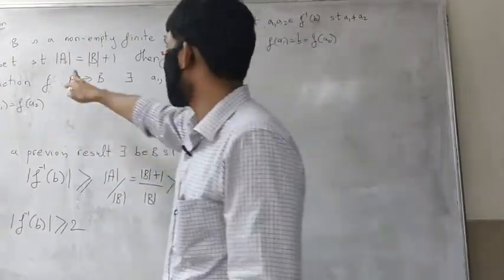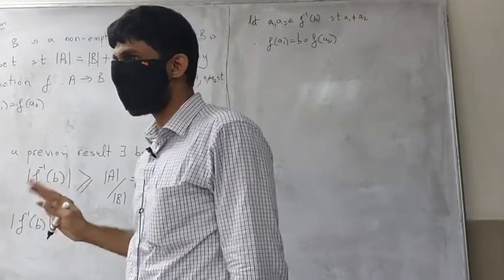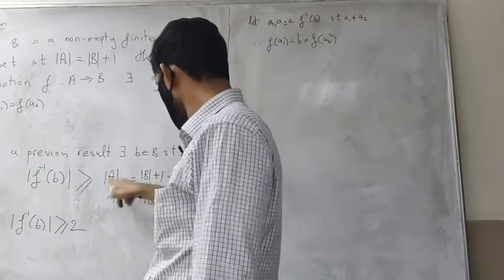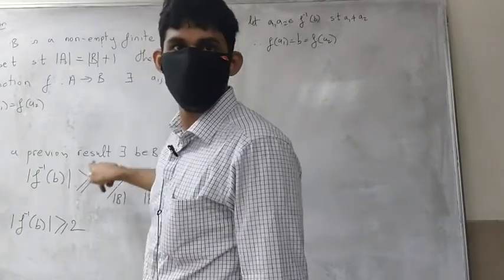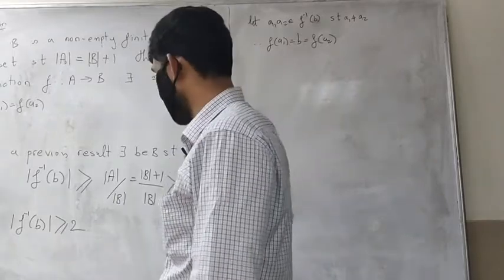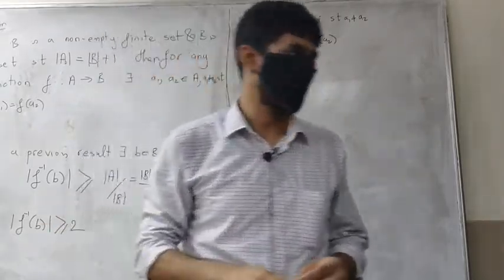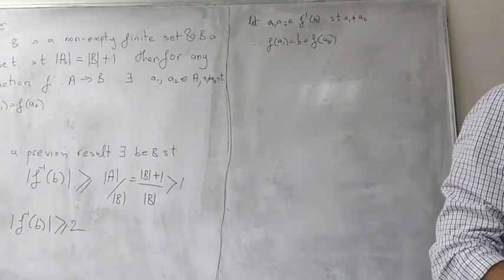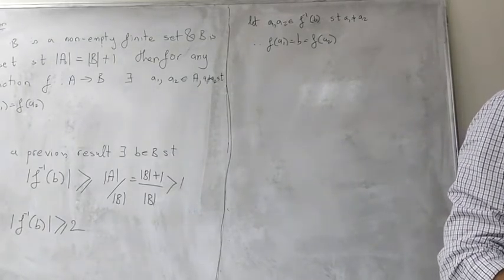The numerator would be greater than the denominator, this would be greater than 1, and we would get the exact result. So it's good to look into the result and see the extent to which it actually works.